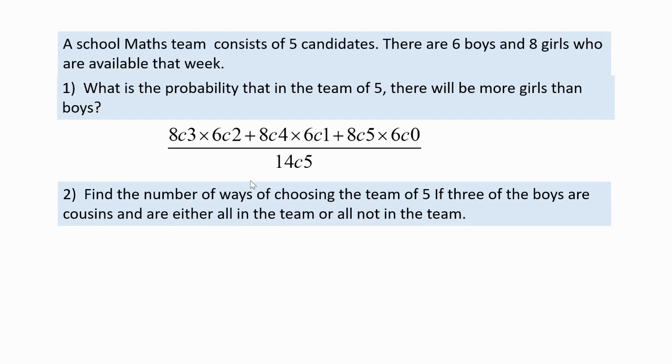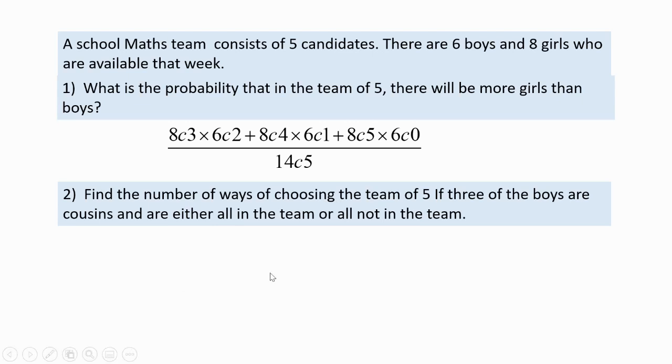If they give us some proviso, so find the number of ways of choosing the team of 5 if 3 of the boys are cousins and are either all in the team or all not in the team. And this is where, if you've got "or" in hypergeometric or in combinations, is your best friend, because "or" means you're just going to add all your different options. All right.